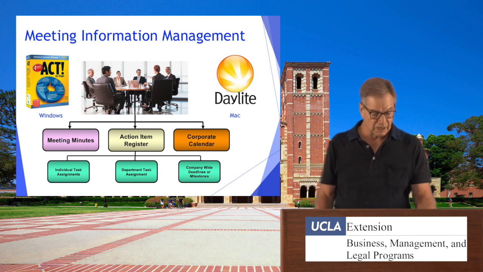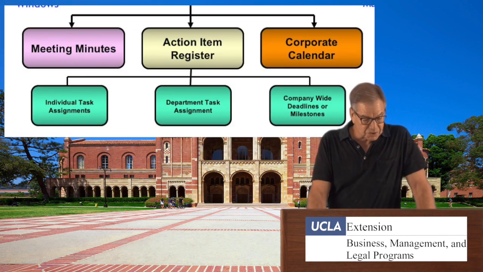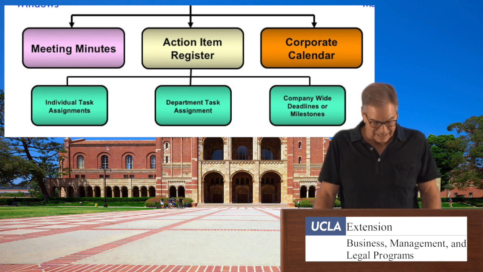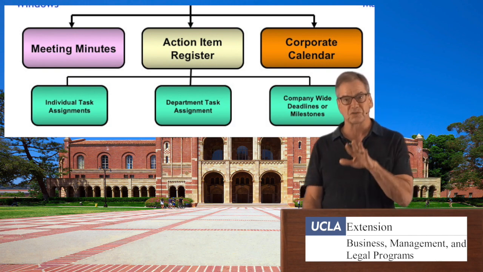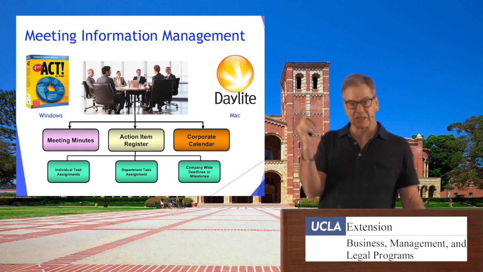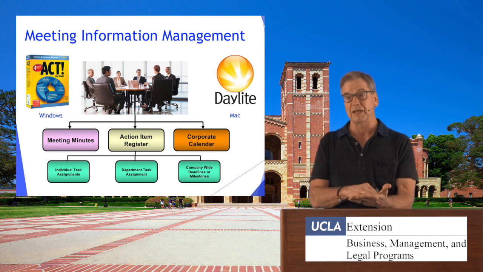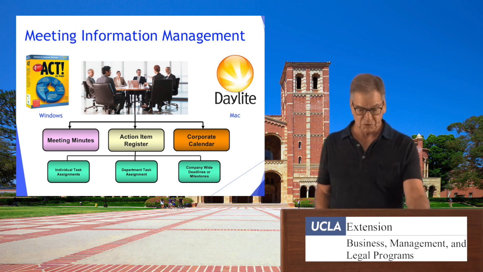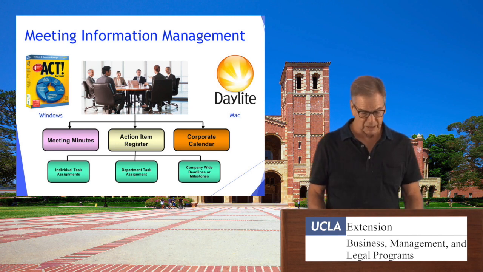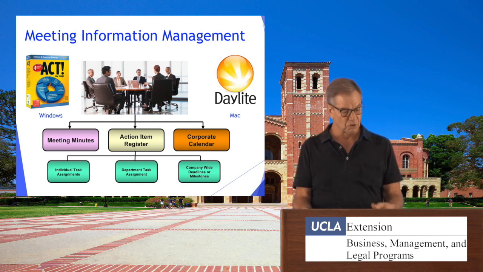We also get individual tasks, department tasks, and company-wide tasks. All that fits really well into the ACT program or the Daylight program, so people can say, well, what do I have to get done this week? It's a way of delegating and tracking things to be done for the individual, the department, or the overall organization.